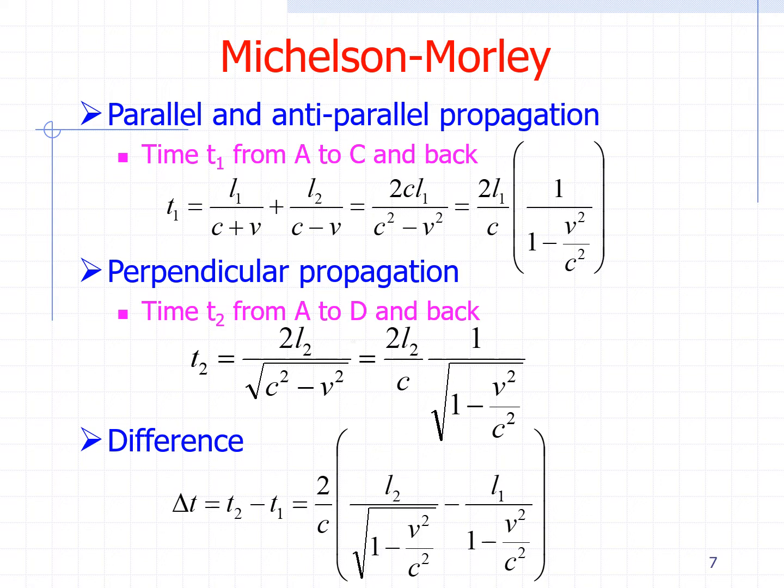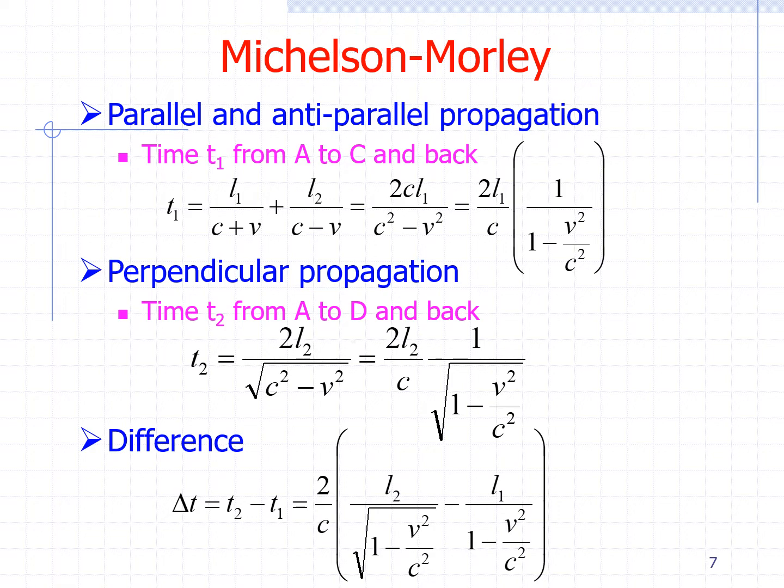For parallel propagation we will consider the time of trip to be T1, and for perpendicular propagation the time would be T2. Since there must be a time difference between these two kinds of propagation, we can easily evaluate times T1 and T2 by using these expressions.